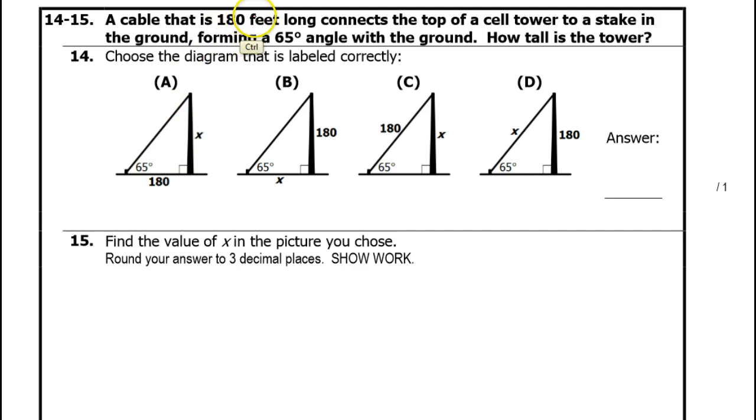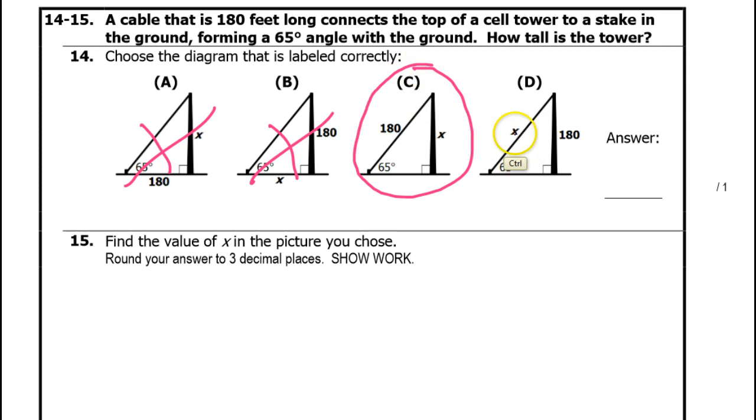So we have a 180-foot long cable. So I'm looking for 180 to be here. So this is wrong immediately. This is wrong. Really this is the only one that has even the cable in the right spot. That's wrong. Okay, so it must be this one.